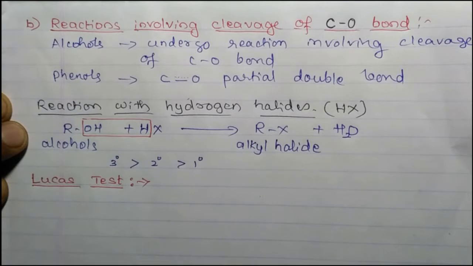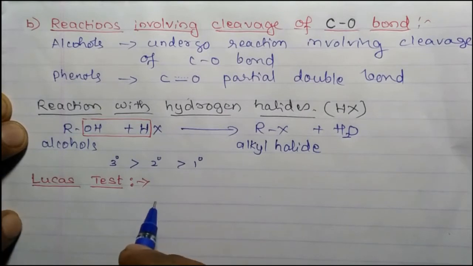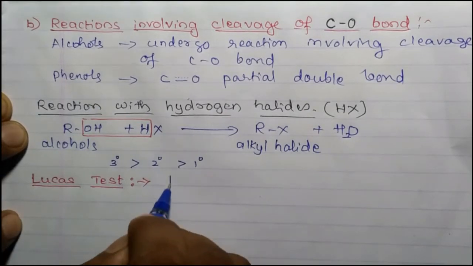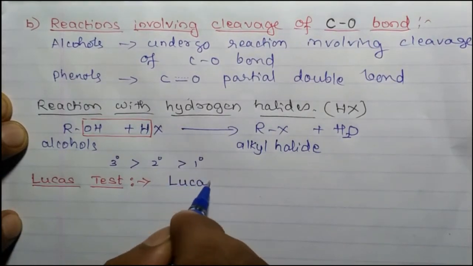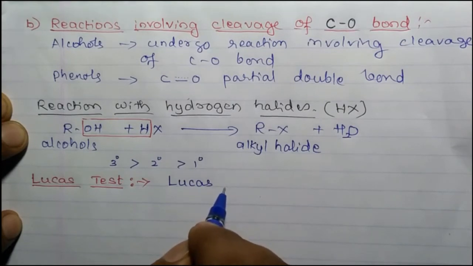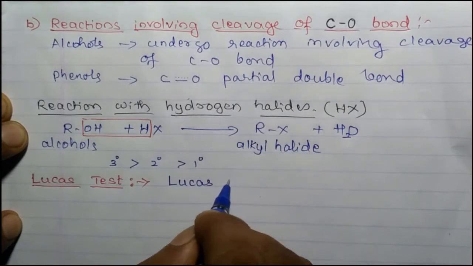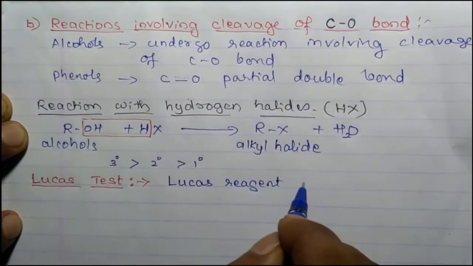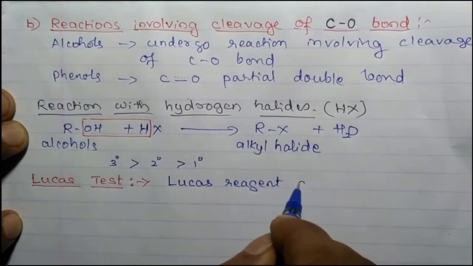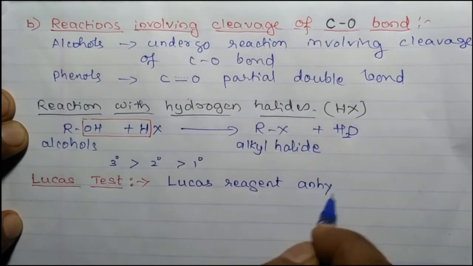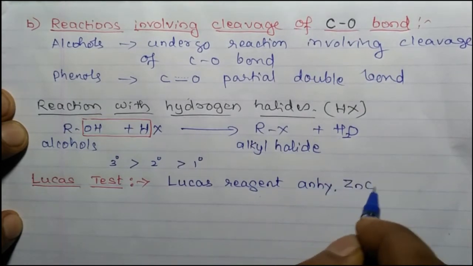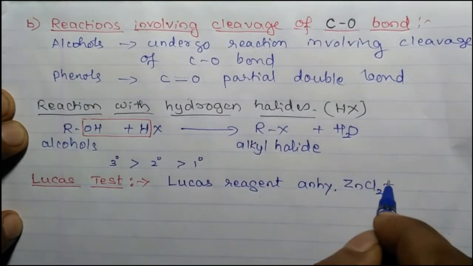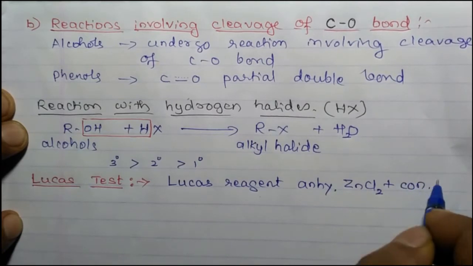The Lucas test is an important test used to distinguish primary, secondary and tertiary alcohols. Alcohols react with the Lucas reagent, which is a mixture of anhydrous ZnCl2 and concentrated HCl.